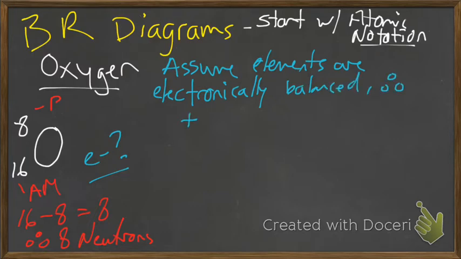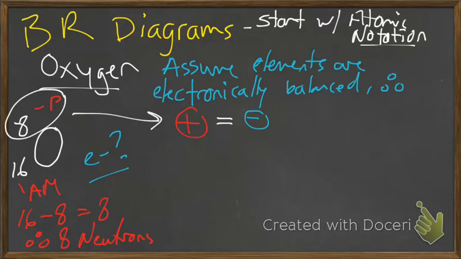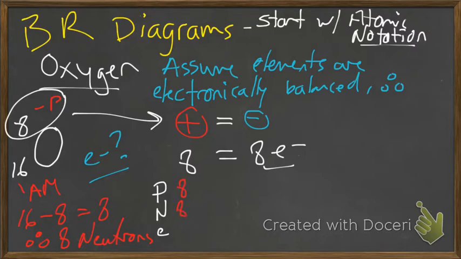Therefore, positive charges, and I'm going to write that in red, must equal negative charges. So we know oxygen has 8 protons, so 8 must equal 8. So that would be 8 electrons. Okay? So I'm going to list off for oxygen protons, neutrons, electrons. Actually, it's 8, 8, 8. So that information is needed for our Bohr-Rutherford diagram.